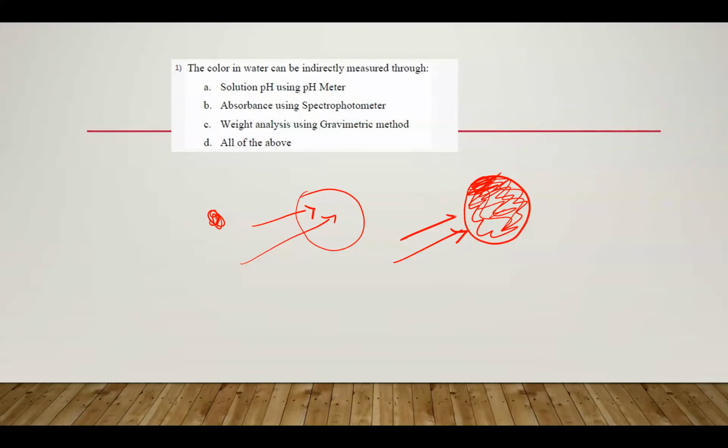There is a lot of matter present in the water, and it absorbs the light, so the light passing through this particular solution will be less, because most of the light is absorbed by the elements present here. You have heard about the extinction coefficient.